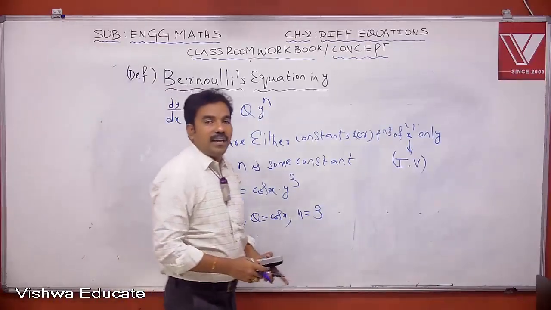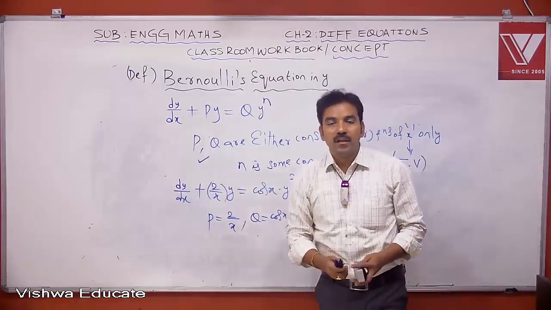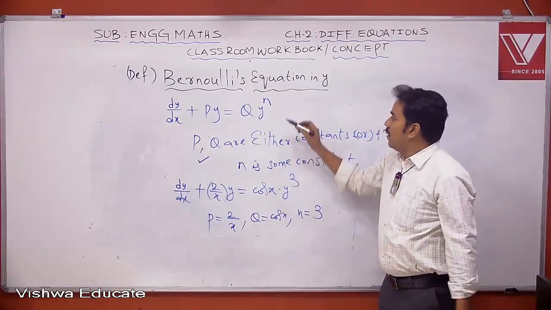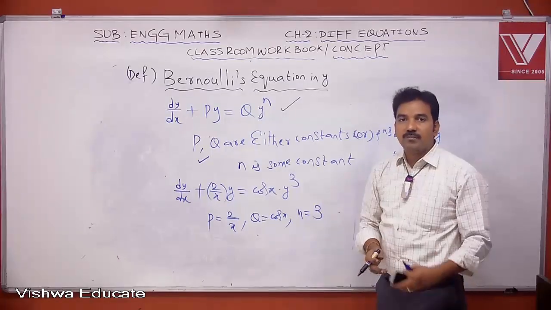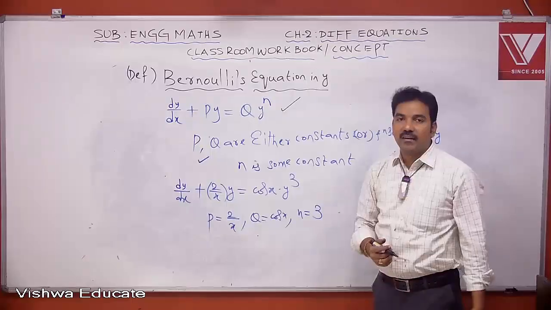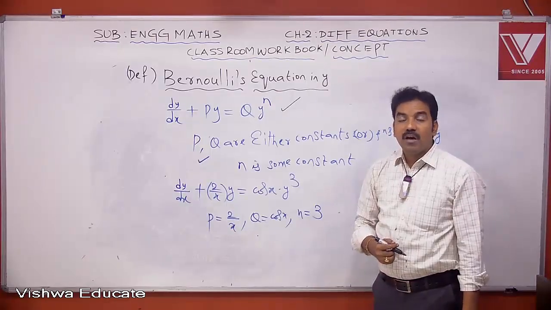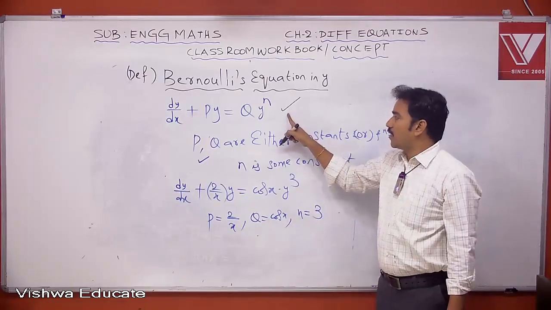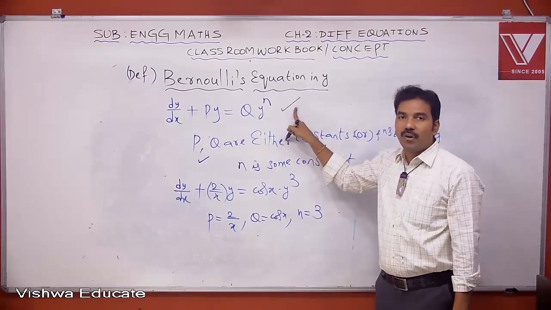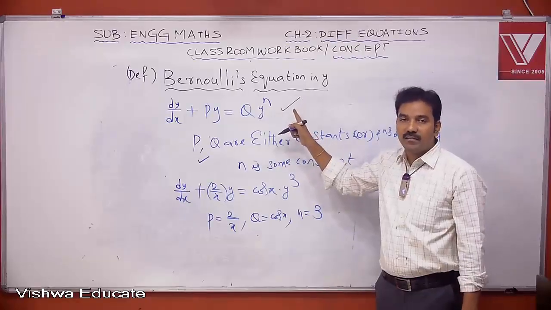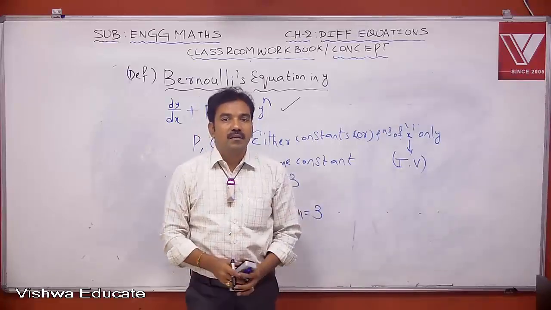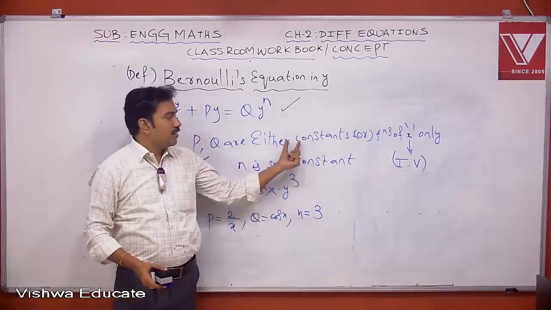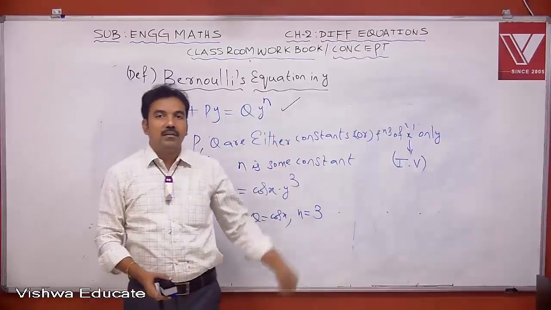Note this. An equation of the form dy by dx plus py equal to q into y power n is called Bernoulli's equation in y, where p comma q are either constants or functions of x only.